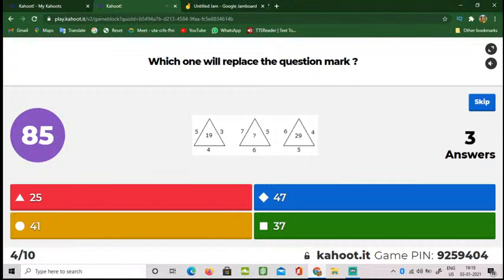Now let me give you the hint, okay? If you see the first triangle, you have to multiply two numbers and add the other number so that you get the middle number. That is the hint I have given you all, and I have got 8 answers.